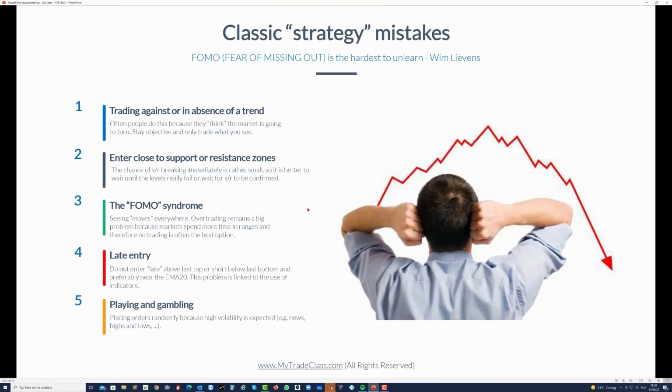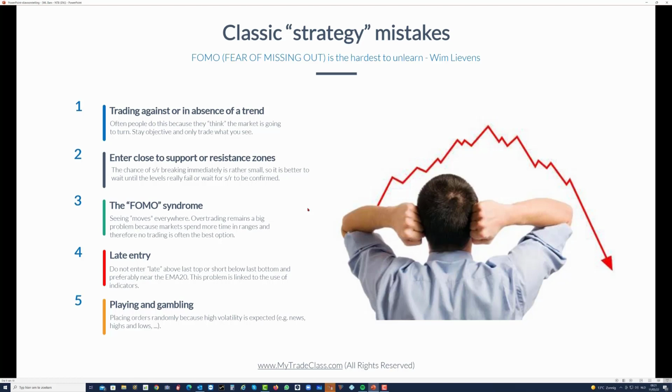Now, this is more for the course, how to look at this, but still some strategy mistakes which I see a lot with my students, and I've listed just a few, but in most cases these are the ones we have to struggle with or fight with: trading when there is no trend, or when there is an absence of trend, or sometimes even trading against the current trend because one would think the market's going to turn in another direction.